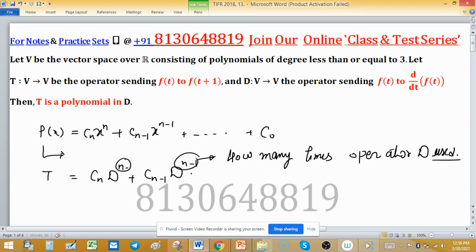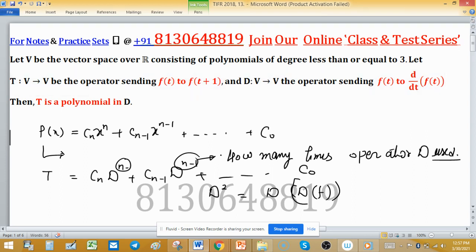Please do not understand this as an exponent. Its simple meaning is how many times operator D is applied: D square means D of Df. This is D square, and so on up to C naught. This is the structure of T in terms of D.